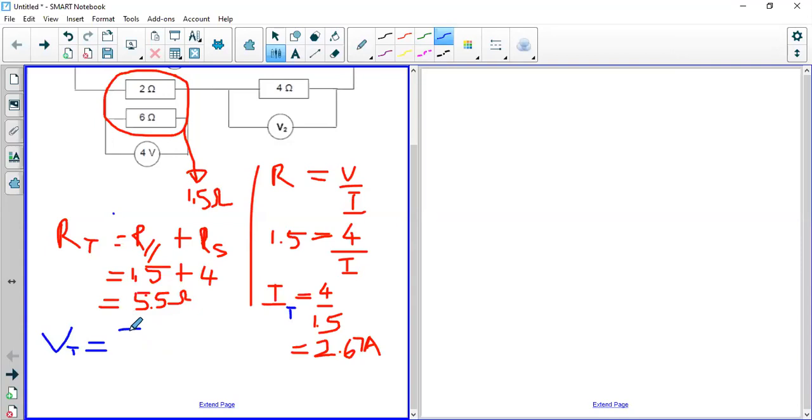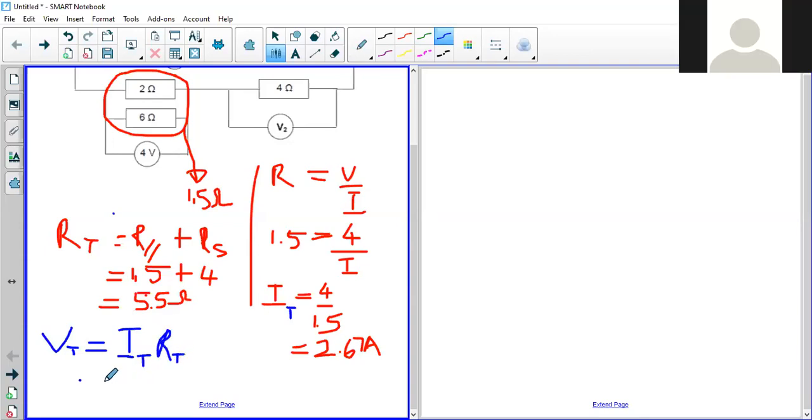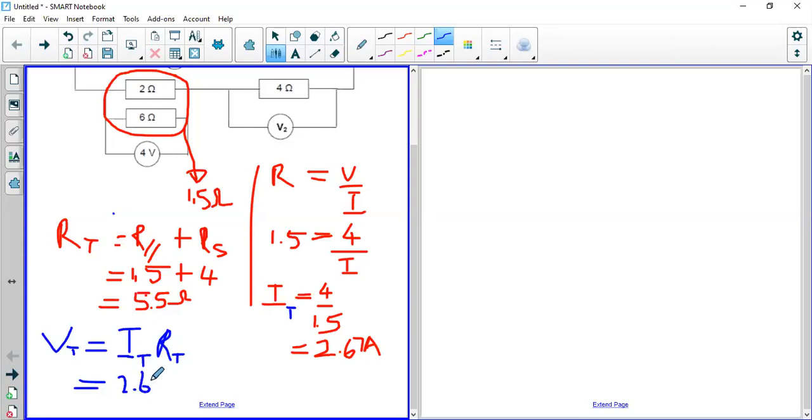It's going to be I total multiplied by R total, so that I get the total voltage across the battery. The voltage across the battery is the total voltage. So the T here means total. So I'm going to take my I total, which is 2,67, multiplied by R total, which is 5,5.